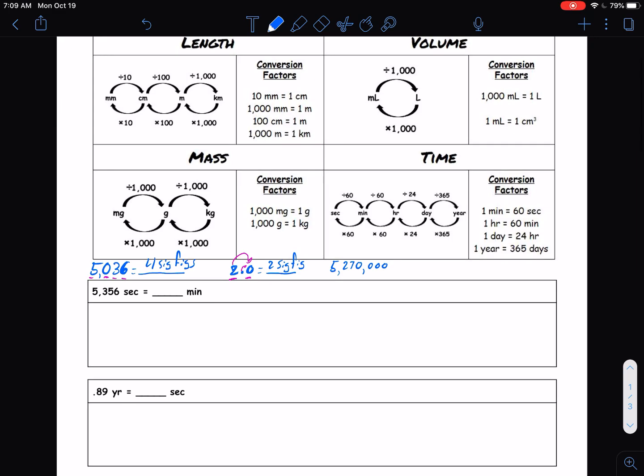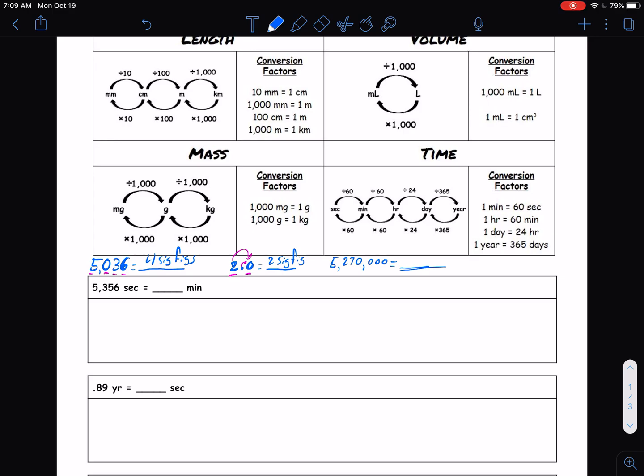What would that look like in scientific notation? When you write that in scientific notation, you would have 5.27 times 10 to the 1, 2, 3, 4, 5, 6. 5.27 times 10 to the 6.